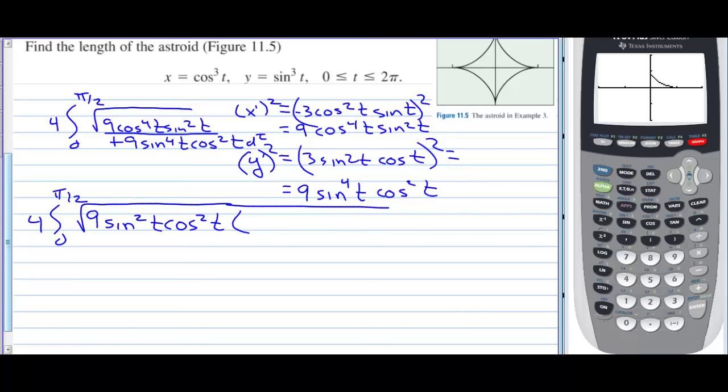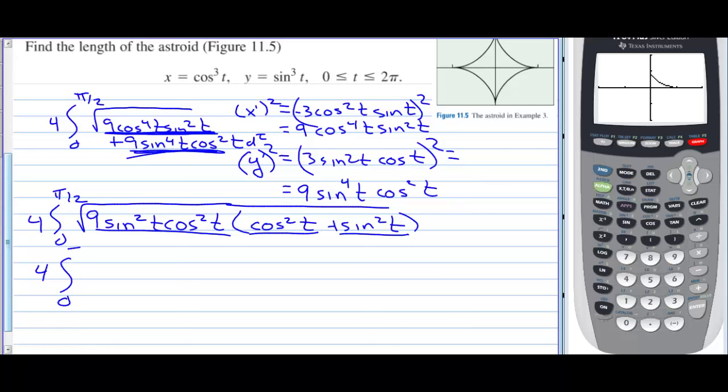And what's left is cosine squared t plus sine squared t, that's 1. Well, now we have perfect squares left over, and we can take the square root of those perfect squares.